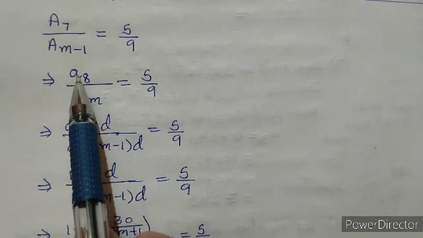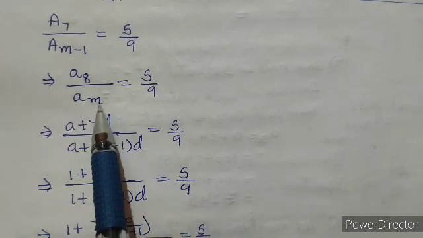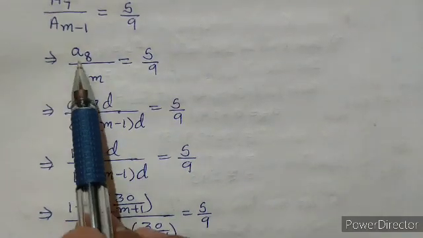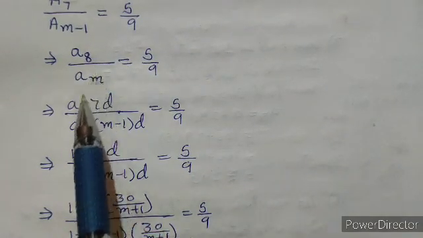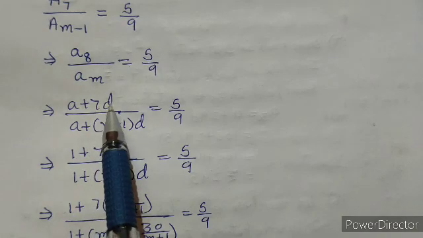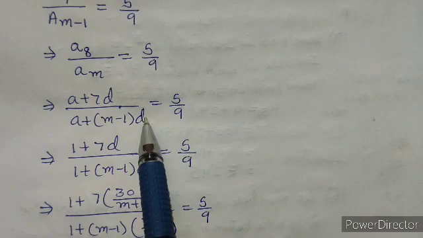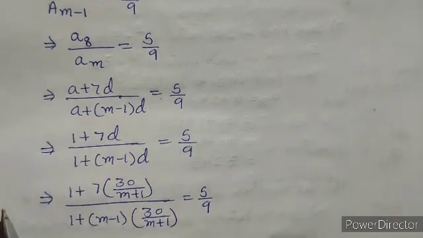That we can say that a8 upon am is equal to 5 upon 9. Now a8 or 8th term of AP will be given by a plus 7d, and mth term of AP will be equal to a plus m minus 1 d, and that is equal to 5 upon 9.